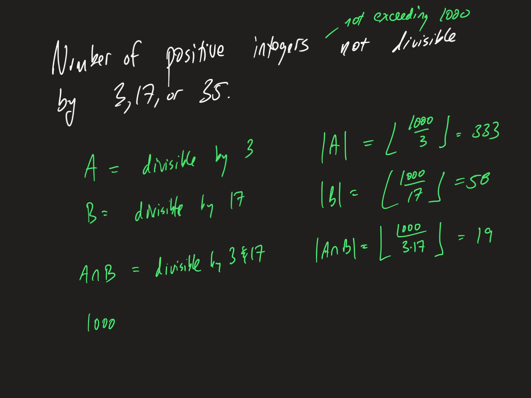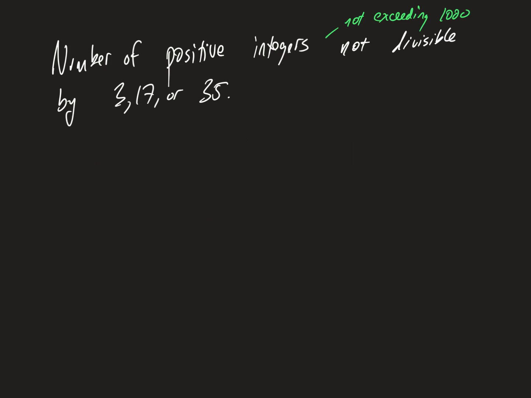So I'm going to follow this kind of idea, and since we're doing the numbers that are not divisible by those, we do 1,000 minus those that are divisible by at least 1.